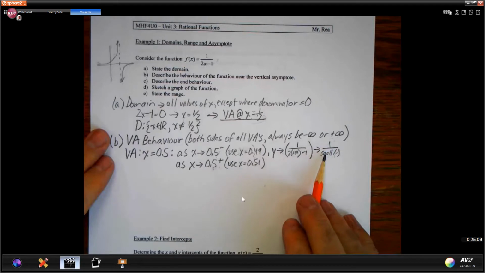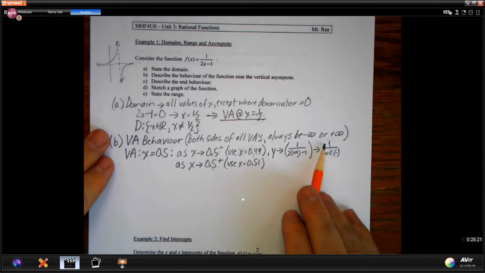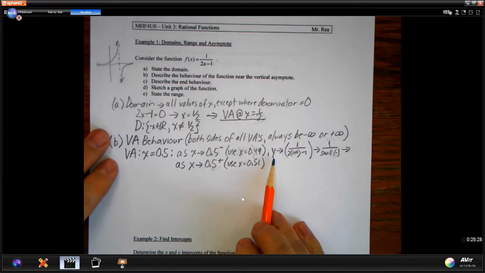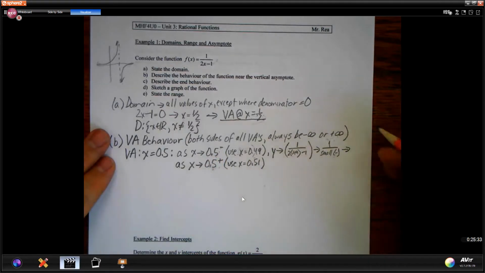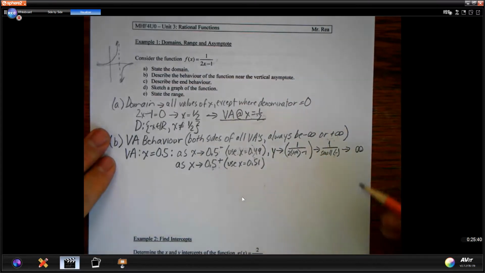And I can see that the smaller I make this, the larger the overall number is, but it's always going to be negative because the number on the bottom is negative, the number on the top is positive. So this is going to result in the overall end behavior that as x approaches 0.5 from the negative side, y will be approaching, and again, you could fill this in every time, you know it's positive or negative. In this case, since we know this number is negative, it's approaching negative infinity.